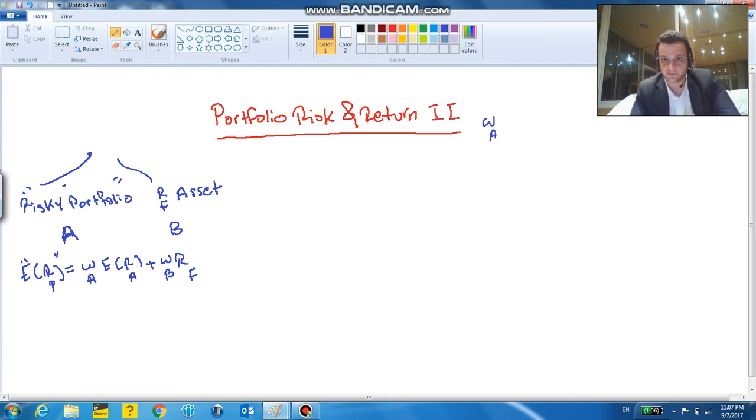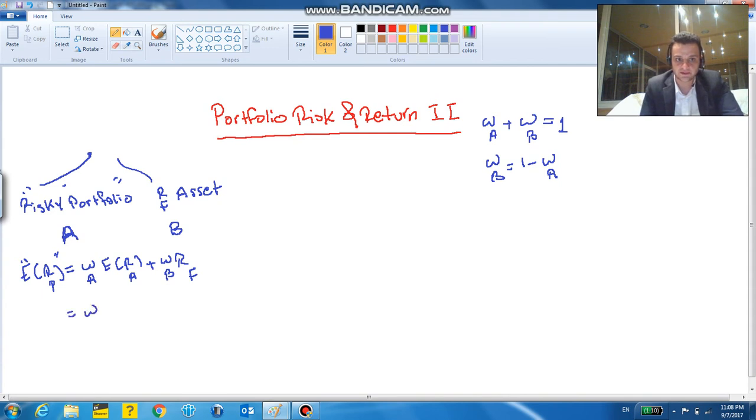Now, from algebra, this is 7th grade, I believe, weight A plus weight B, if we only have those two in the portfolio, must equal 1. So we can state that weight B is equal to 1 minus weight A. Let's substitute weight B by this expression.